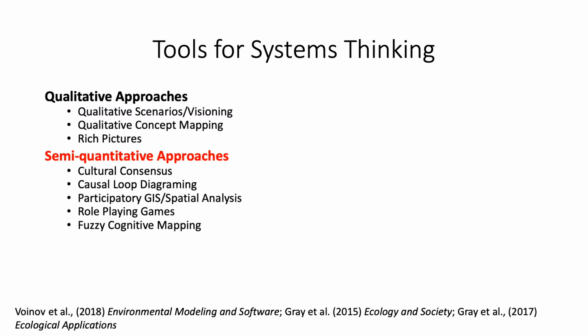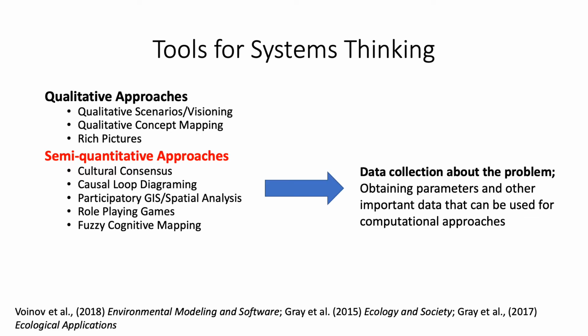Semi-quantitative approaches are tools such as cultural consensus, causal loop diagramming, participatory GIS and spatial analysis, role-playing games, and fuzzy cognitive mapping. Semi-quantitative approaches are particularly useful for data collection about the problem. This can be things like obtaining parameters and other important data that can be used for computational approaches.